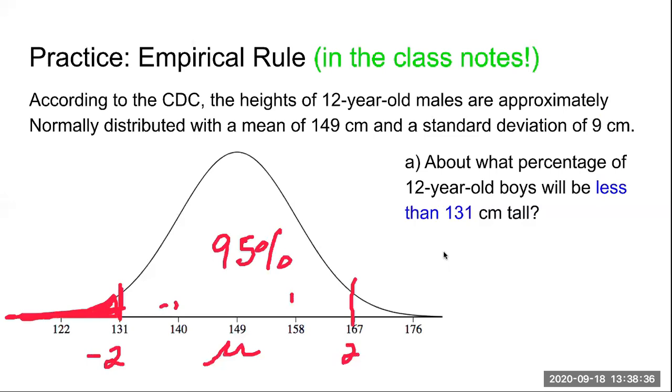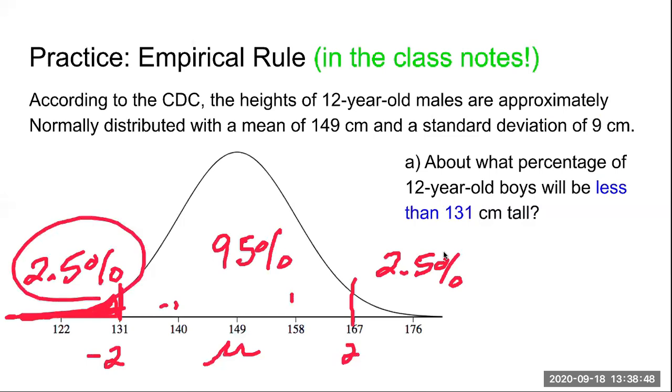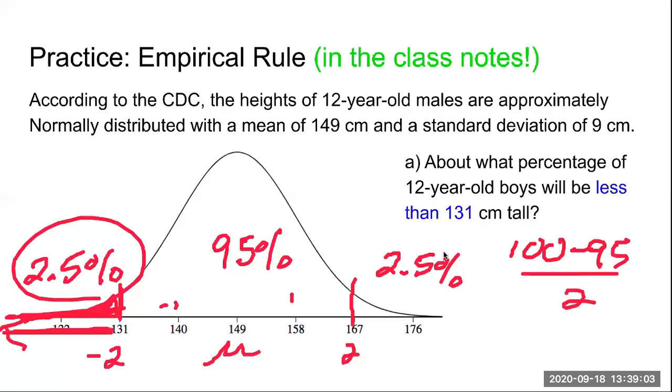Well, if this middle part's 95%, then that leaves 5% in the 2 tails, since it's perfectly symmetric. So it looks like our answer would be 2.5%. Now that's not the area from 122 to 131. That's the total area. So you would do 100 minus 95 and then divide by 2 would be like the work that you would do there.